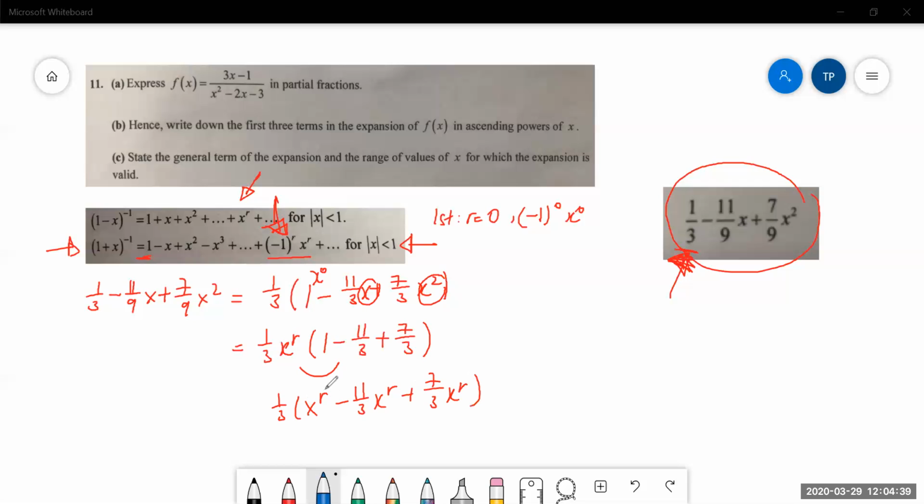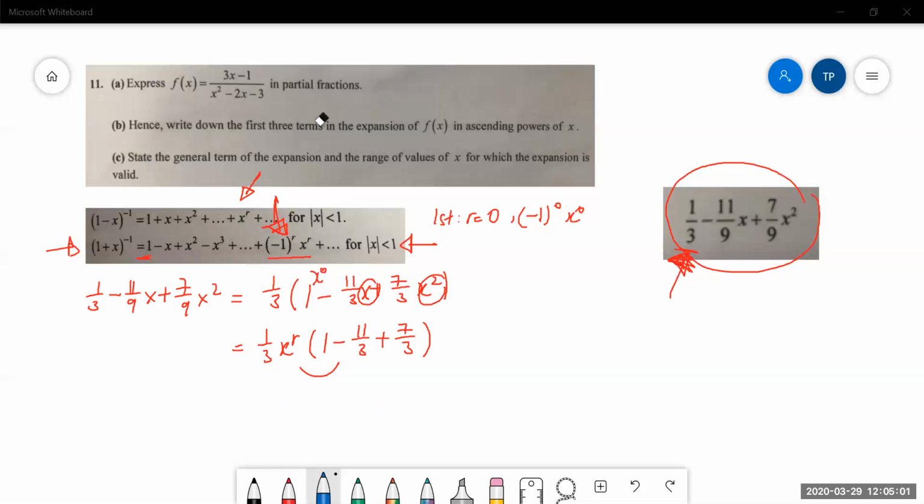But the powers will always be different. Yes, correct. This will be 0, 1, and 2, because now I'm trying to find a formula. The value of r has to be different at any one point of time. It has to be ascending.